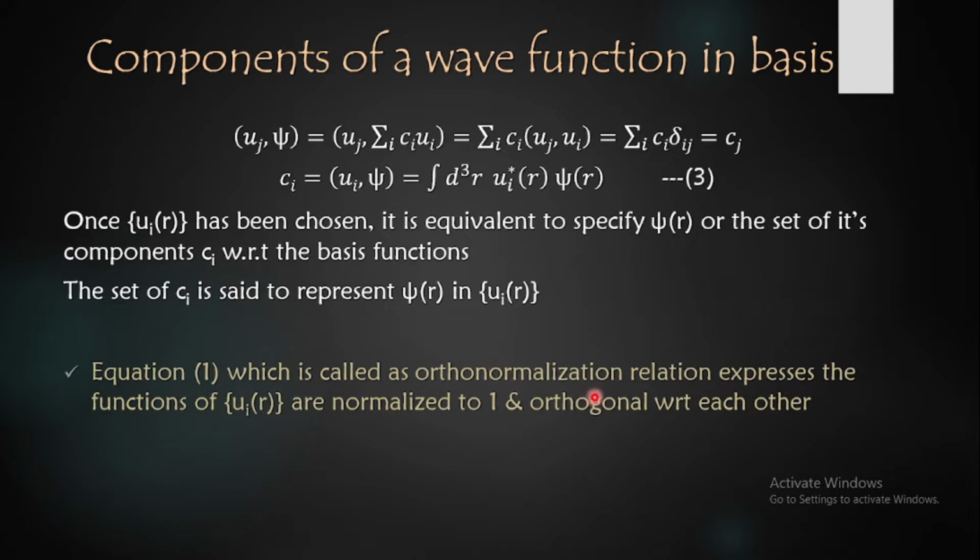So orthonormalization means orthogonality with respect to each other, and the set is normalized to 1. In detail, we have discussed normalization and orthonormalization in our previous classes. If you have any difficulty, you can go through it and continue with today's class.